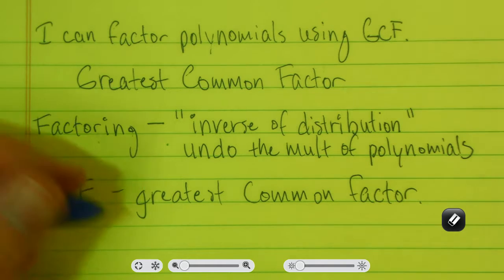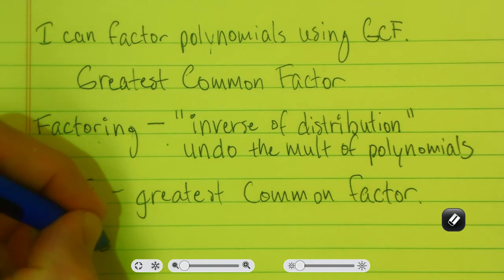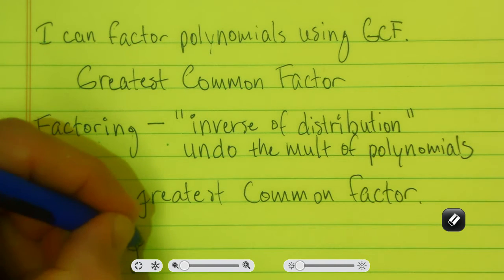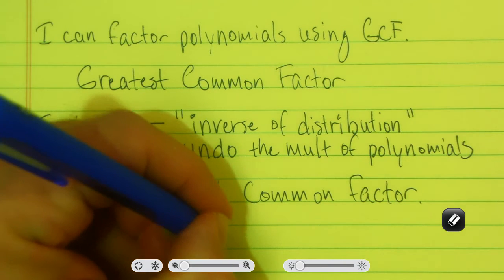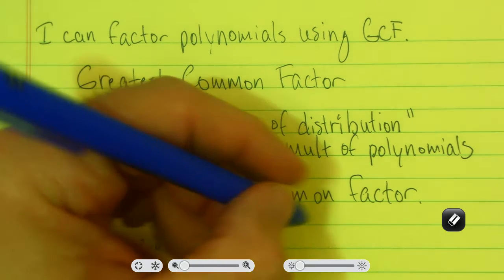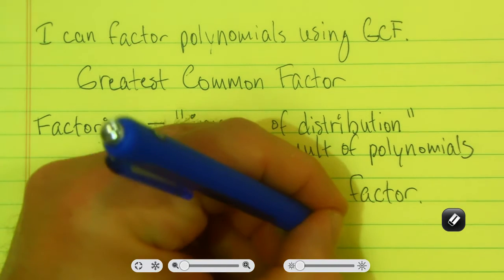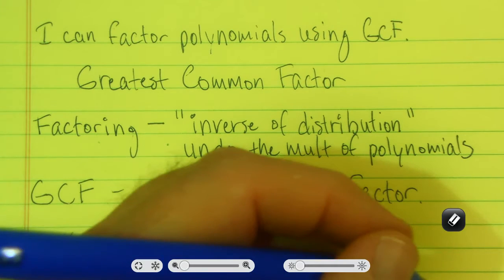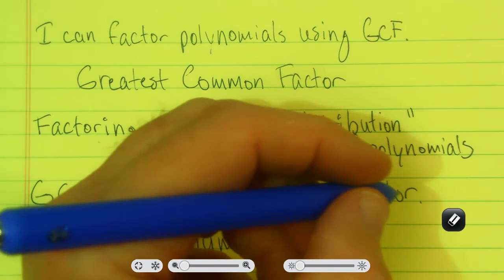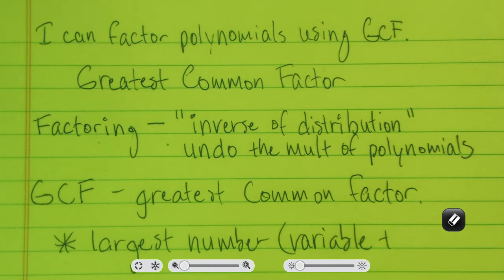And the greatest common factor is the largest number or variable that can evenly divide all the terms.